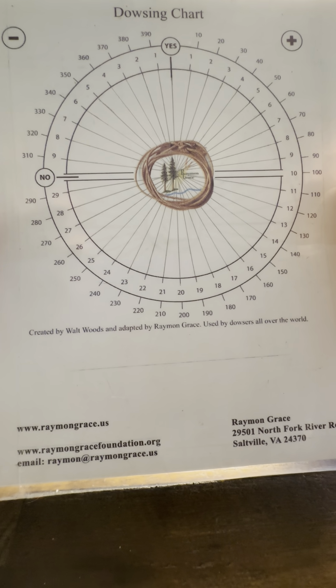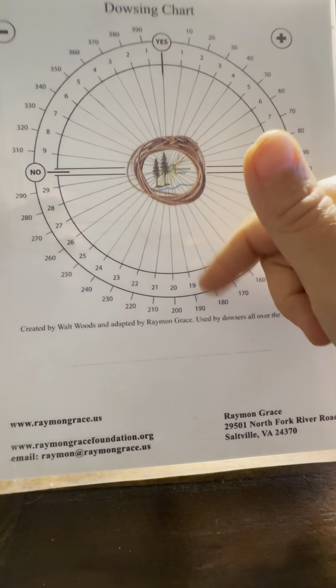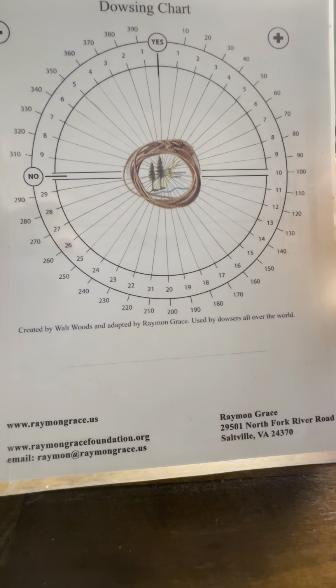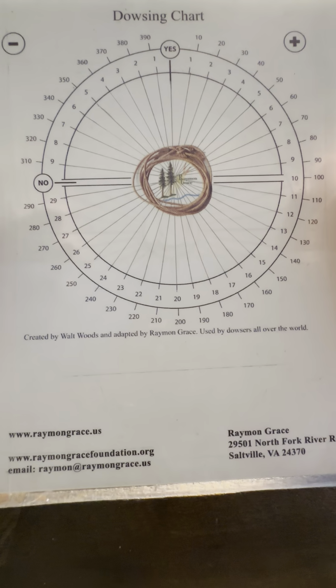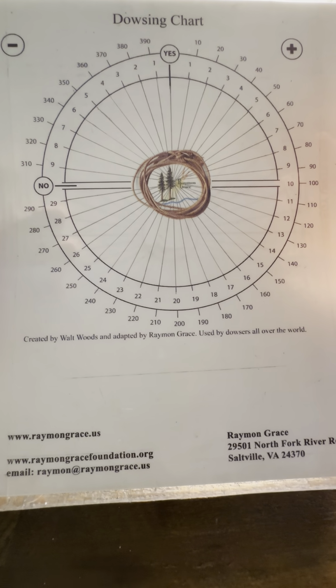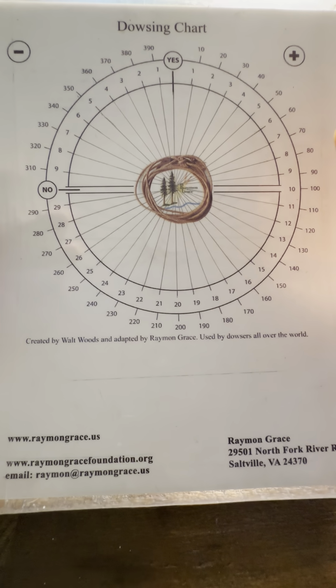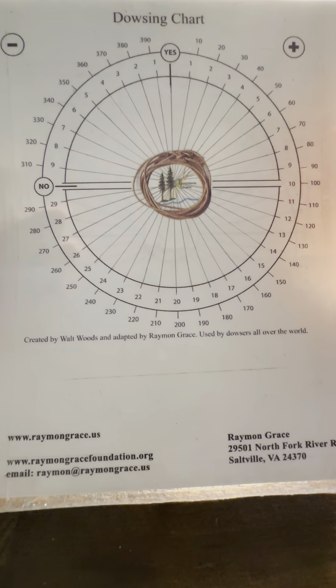Like my yeses and nos are not straight up and down, or round or whatever. It doesn't work that way for me. So everybody's different, okay? Don't be afraid. Don't think that you're doing something wrong if it's not working the way your teacher's teaching you, okay? You're going to find your own way, okay?